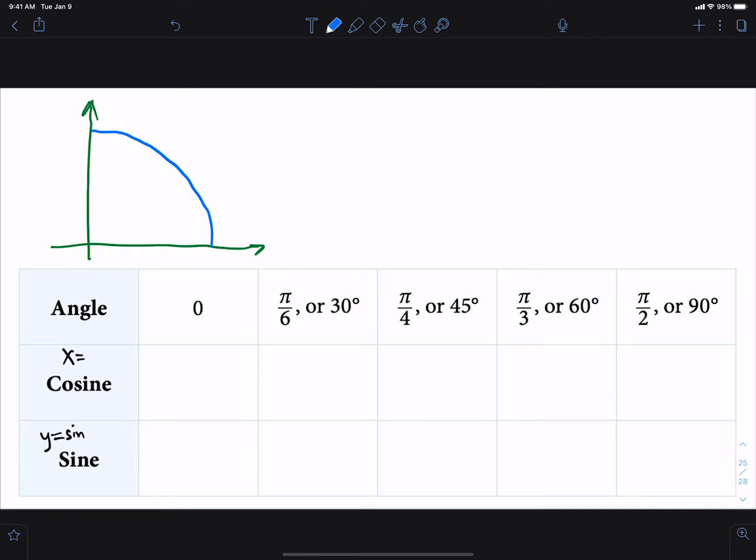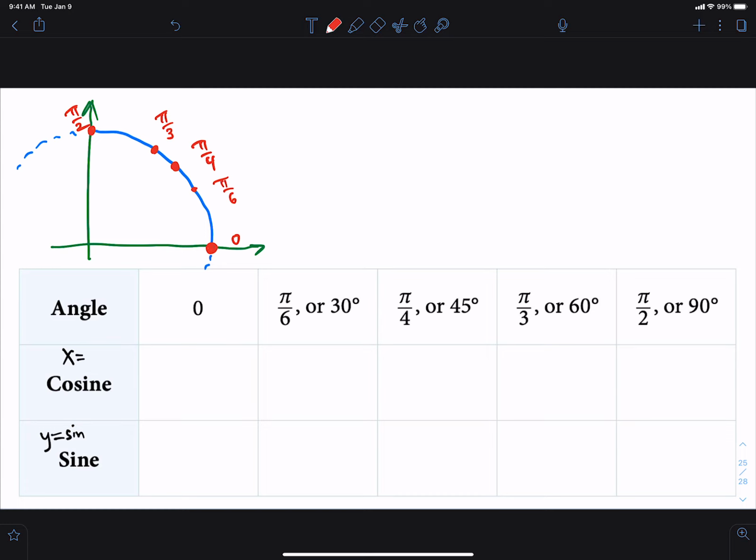Here is the unit circle. It continues around, and the 5 special points that we wanted were 0. Here is pi over 4 radians. Here's pi over 2 radians. And then at 60 degrees, that's pi over 3 radians. And at 30 degrees, pi over 6 radians.